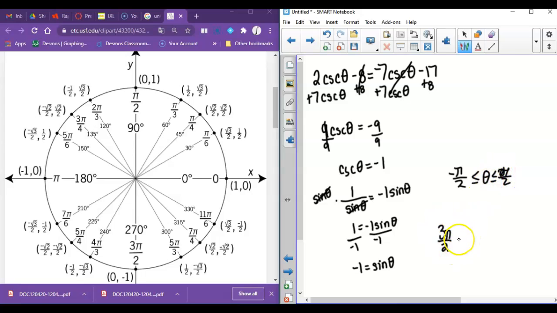So if we subtract 2 pi, going one full rotation back around, that would be 3 pi over 2 minus 4 pi over 2 if you get common denominators, which gives you negative pi over 2. You can probably also see this just from the structure of the unit circle.